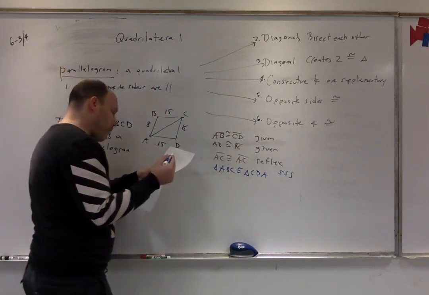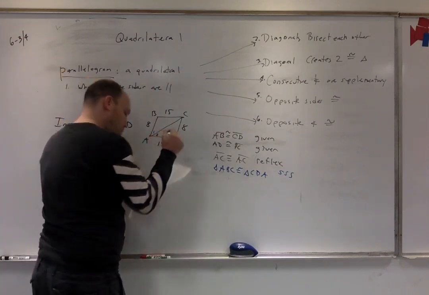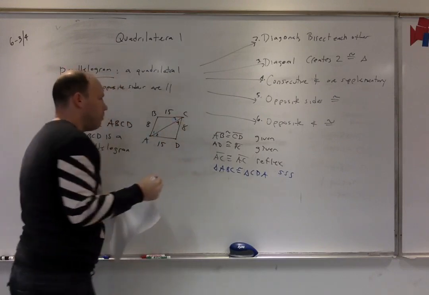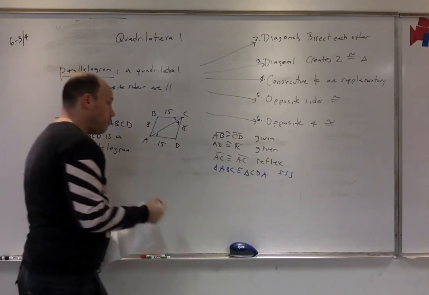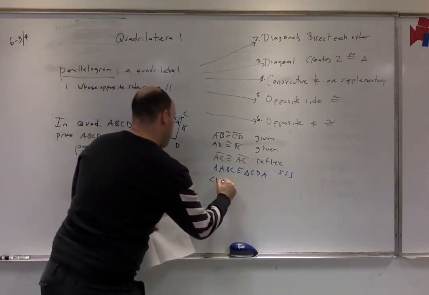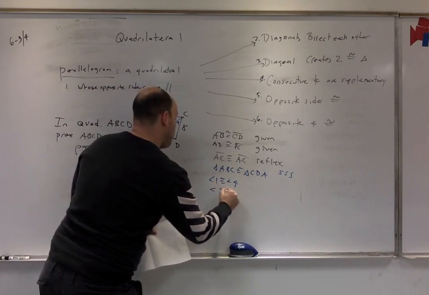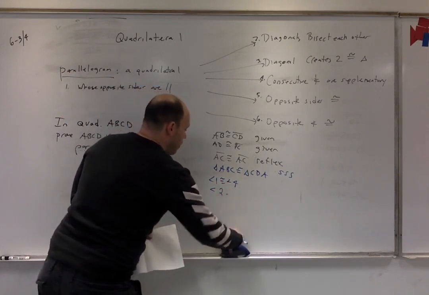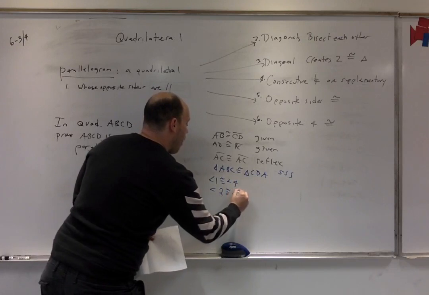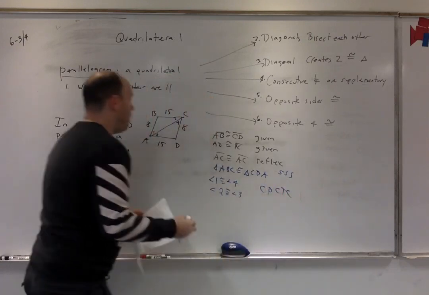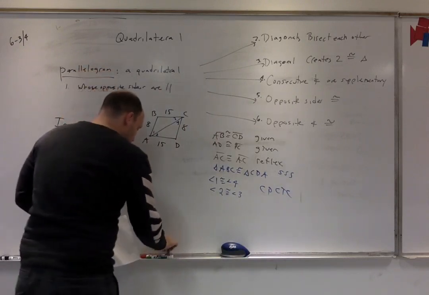What's next? Well, I'm going to put some numbers in here: 1, 2, 3, 4. I know that angle 1 is congruent to angle 4, and angle 2 is congruent to angle 3, why? CPCTC.